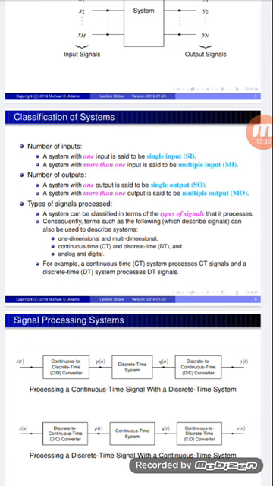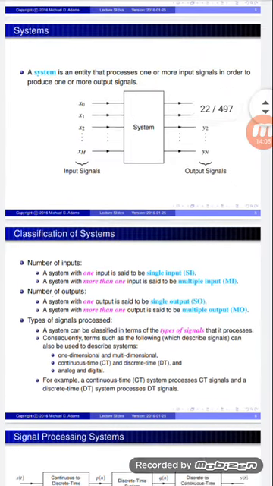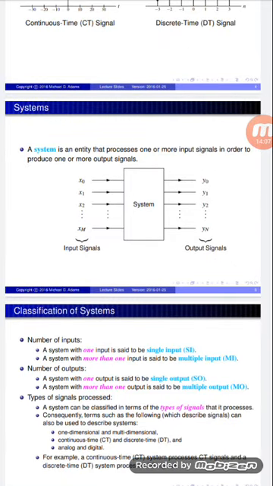For example, a continuous time system processes continuous signals, and a discrete time system processes discrete signals. That means when I apply analog signals on the input side, I also get analog signals on the output side.